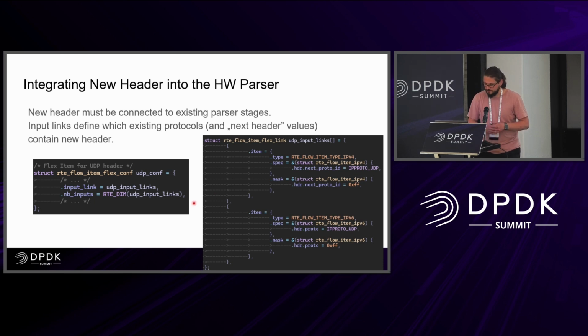This is defined through input links in the API, and each link is an RTE flow item using the predefined types in the API, for example IPv4 or IPv6. Through spec and mask, we define the header values we need to match on, and from these values the custom header parsing must start.